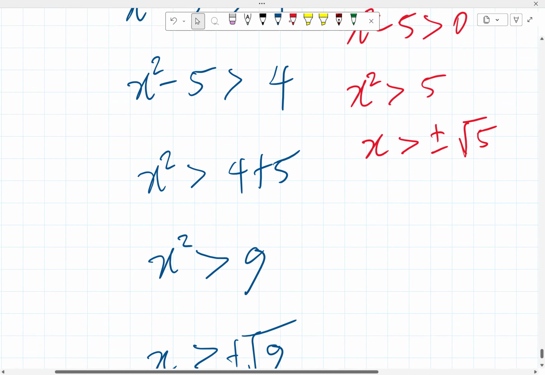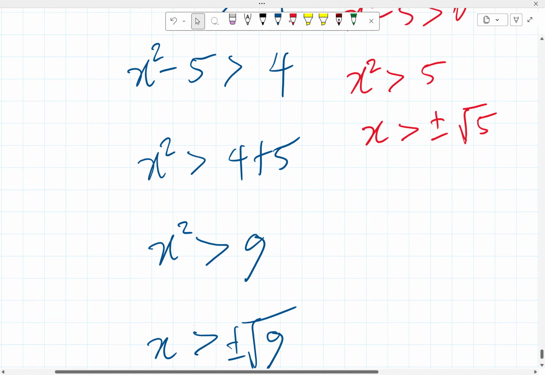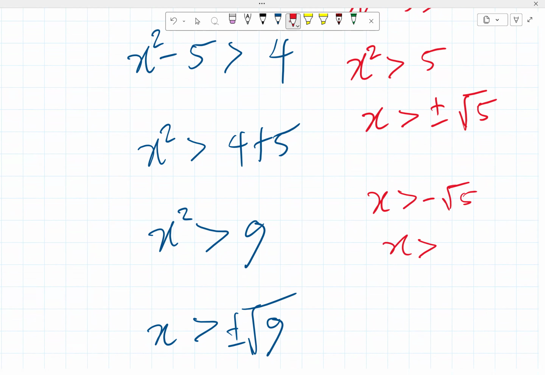This is a bit tricky. So that means we can have the two conditions now. x is greater than minus root 5, and then x is also greater than plus root 5.